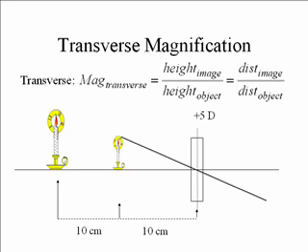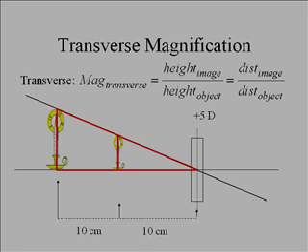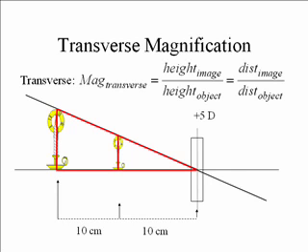This time we need to extrapolate it backwards so that it hits the image. We've extrapolated it backwards because you need to get it to the point where the image is. And of course, we've calculated the image beforehand using vergence. This time when we do our calculations, we find that the mag is equal to 2 times, the transverse mag.